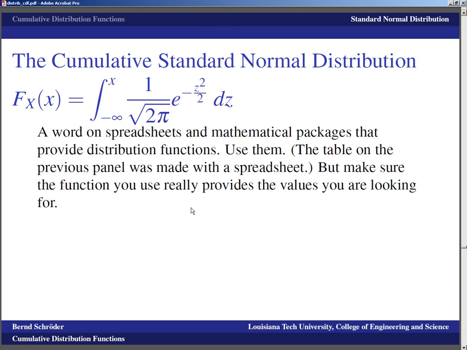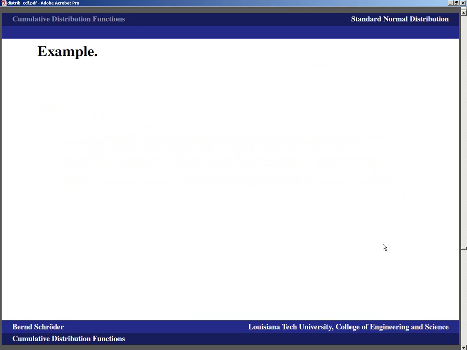But make sure that the function you use really provides the values that you are looking for, because programming is done by programmers, and there's nothing wrong with being a programmer, but sometimes the standard mathematical or statistical language isn't quite implemented in the help function, and one way to get over that is then to simply look at some values in a table and compute the corresponding values with the spreadsheet function to just make absolutely sure that you get the right values.